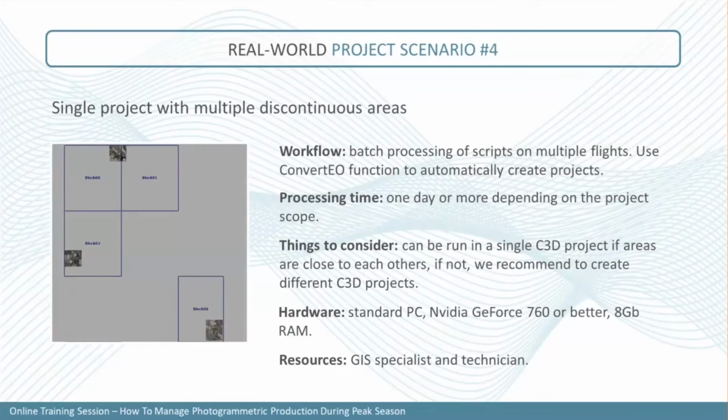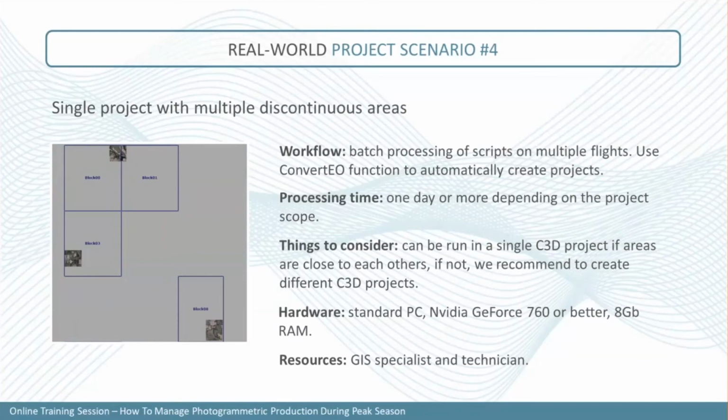So you have discontinuous areas, and depending on the size or on the dispersion of those projects, it can be processed into one project if they're not really far from each other, but some of the modules use a continuous approach. So let's say if you're creating a DSM, sometimes if the projects are too far from each other, it can be quite challenging.